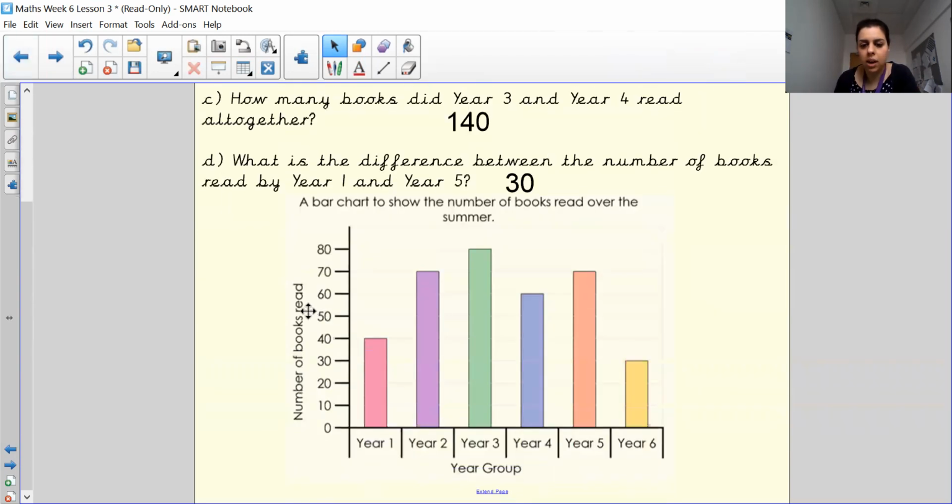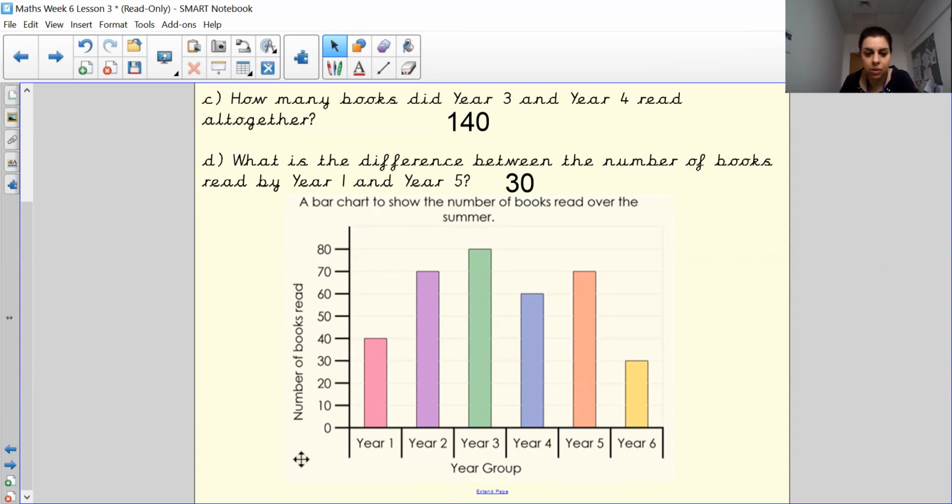Okay. Another thing I need to include is I need to have my numbers. Now my numbers aren't random. They're chosen sensibly. And that's because if my highest number that I had was 3,000 and I was going to count up in ones, your bar chart would be so tall, it would be ridiculous.